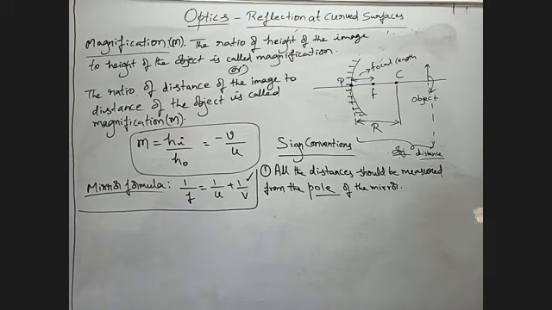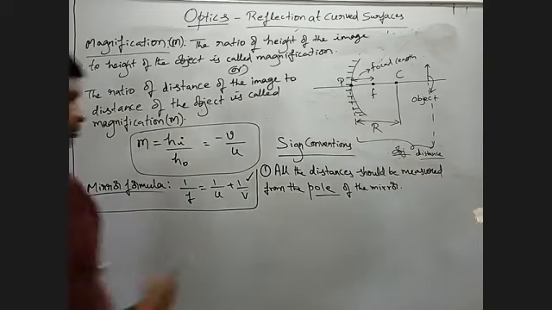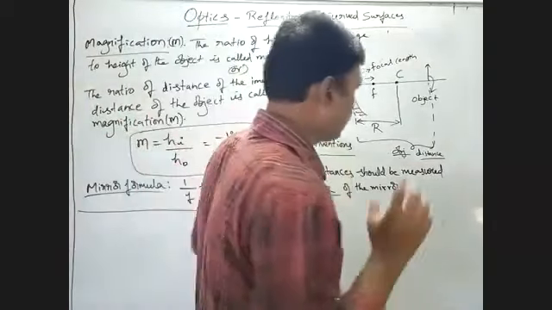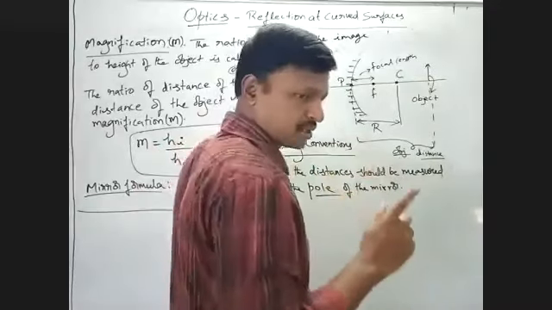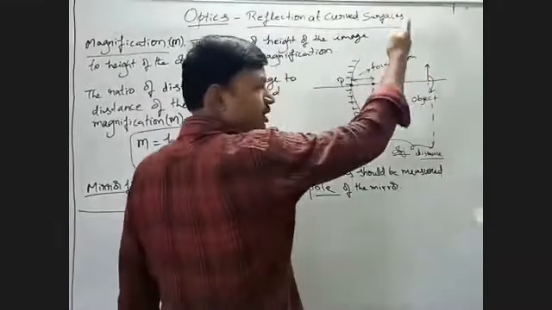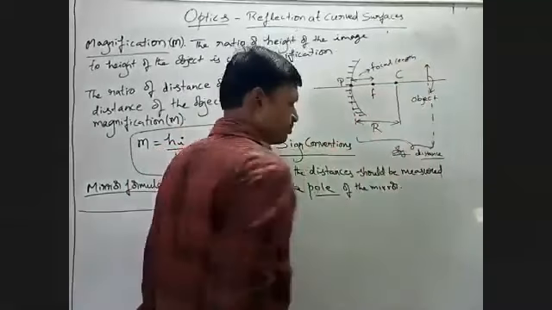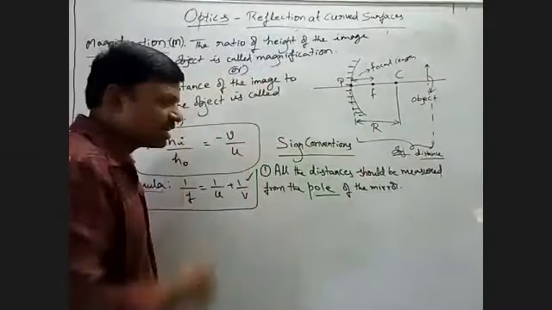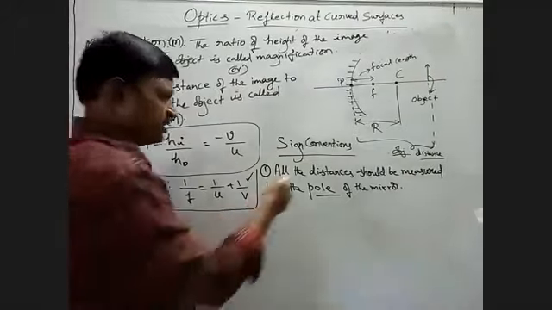All the distances are measured from the pole only, unless it is the height of the object. If you have the height of the object, then you measure from here to here, something like that. Okay, this is the first one.